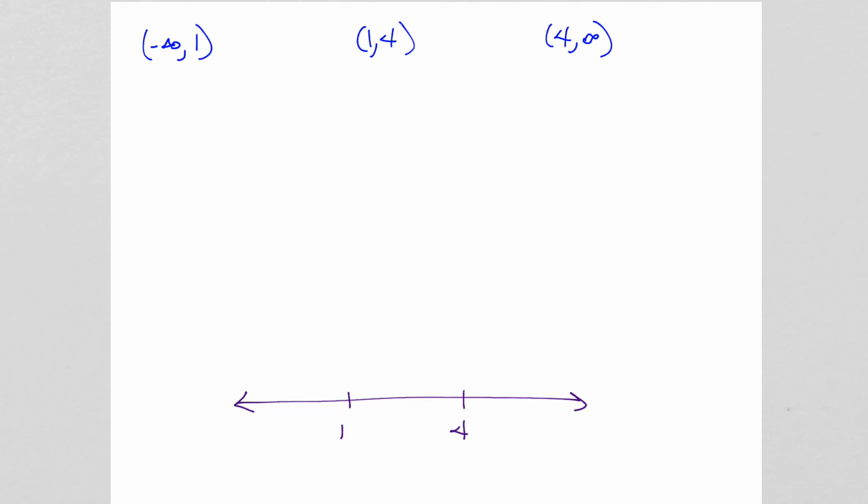Negative infinity to 1, I'm just going to use 0. So we'll say negative 16 times 0 squared plus 80 times 0, and that needs to be greater than 64. We get 0 for all that, and that is not greater than 64. Between 1 and 4, I'm going to use 2.